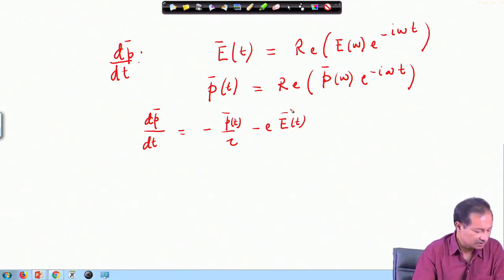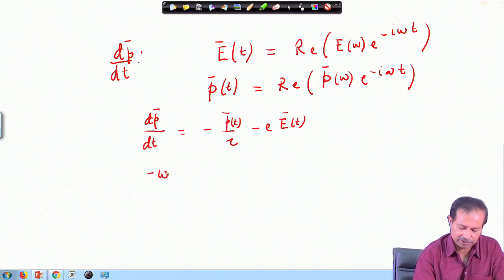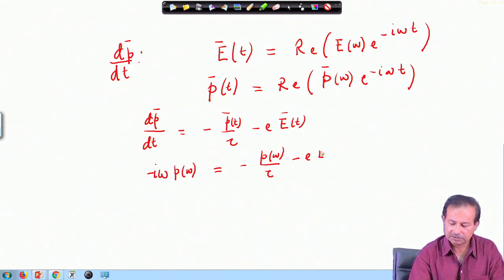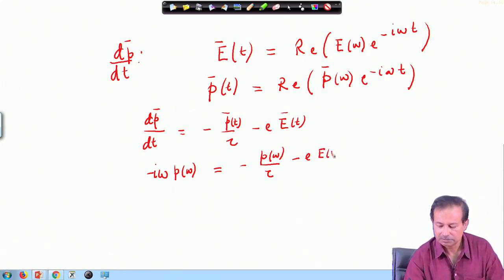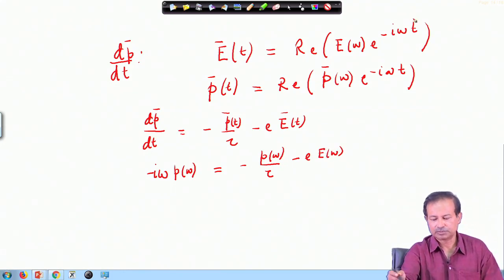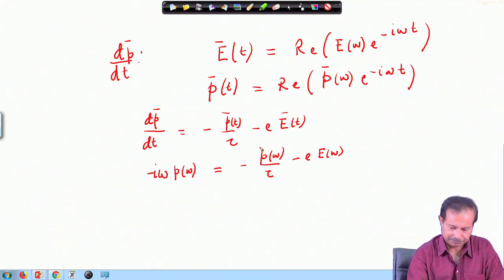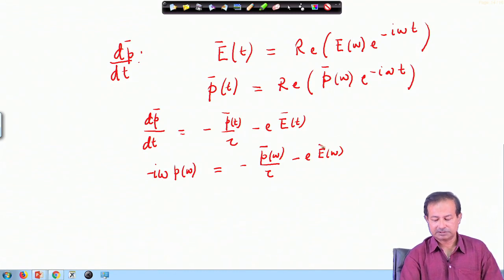So, this equation now becomes minus i omega p of omega, a simple time derivative will give you that, equal to minus p of omega by tau minus e E of omega, because e to the power minus i omega t gets cancelled from both sides. So, that is the equation.